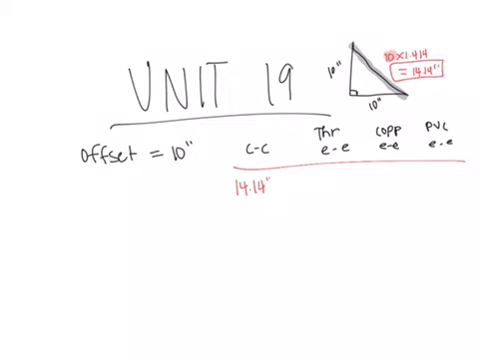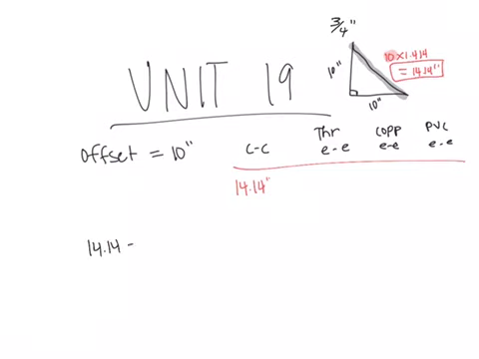Now we're going to combine what we learned in the last units, 8, 10, 12, 15, 16, to calculate the end-to-end measurements. So let's say that this is a 3/4 inch pipe. I'm going to go to table 5 in the back of the book to see what my takeoffs are for a 3/4 inch pipe.